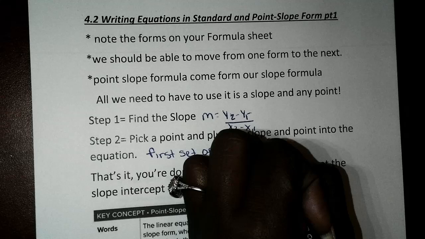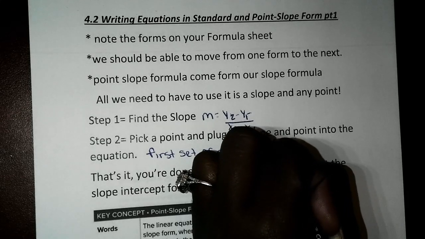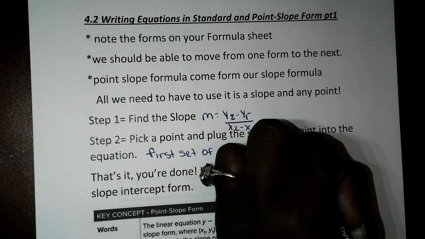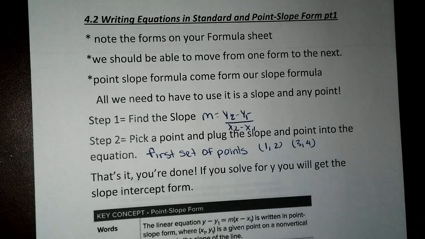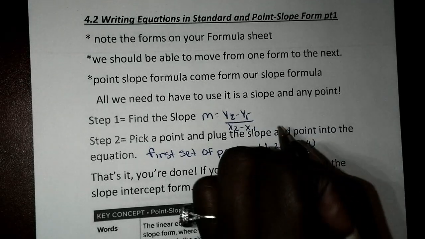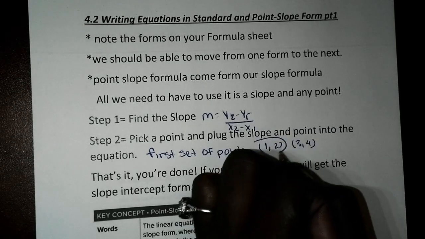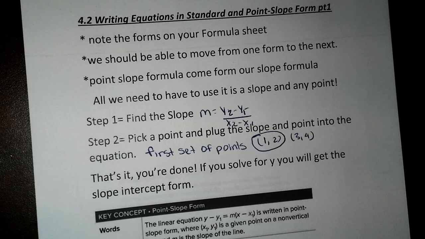That means if I have the point 1, 2, and then the point 3, 4, the point I use for my point slope formula is going to be 1, 2. So I'm going to use my 1 and 2 first. Alright, that's it, you're done, and you solve for y and you will get the slope intercept form.